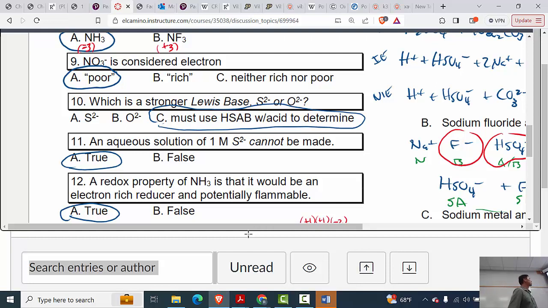Which is a stronger Lewis base, sulfide or oxide? Well, unfortunately, our chart up there is not for Lewis bases. The chart I handed out is for Bronsted bases.